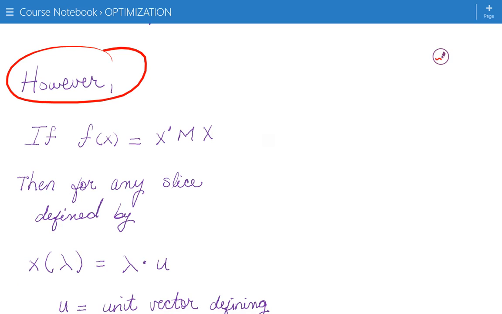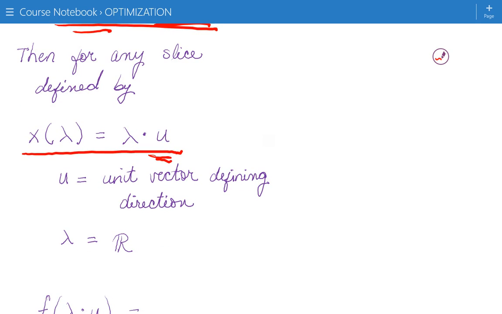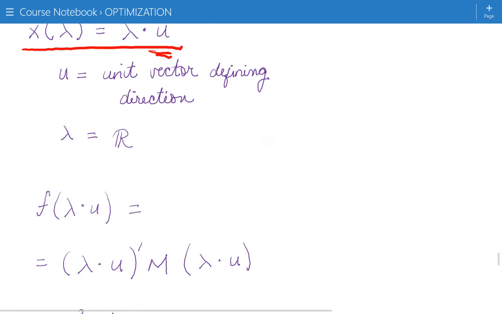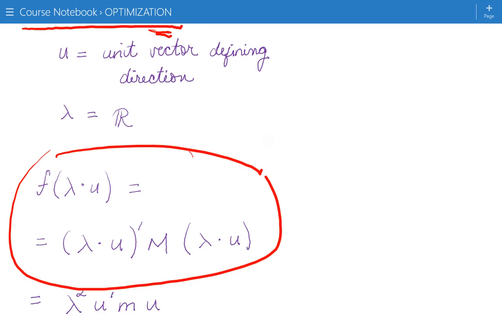However, and this is important, think of it as if the function can be expressed in some sense as x transpose Mx, then for any slice defined by a vector u in any direction, this holds. In other words, when you're at the top, where it is quadratic all the way around, then it's quadratic no matter which way you look at this.